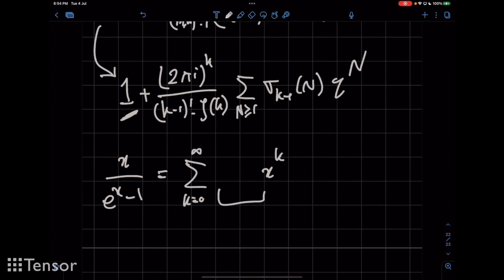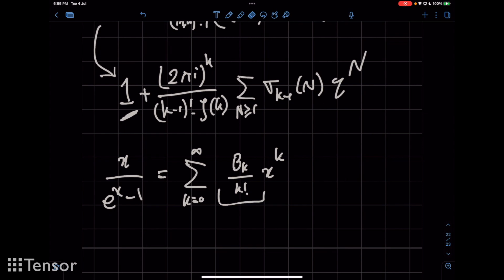If we take this coefficient and multiply it by k factorial, these B_k are called the Bernoulli numbers. And Bernoulli numbers are really significant in combinatorics and graph theory as well. Well, graph theory is a part of combinatorics.